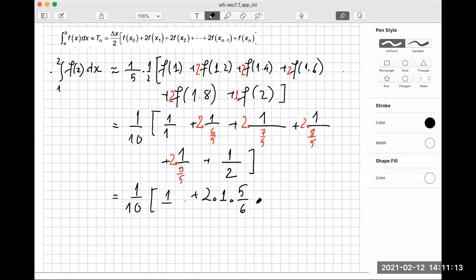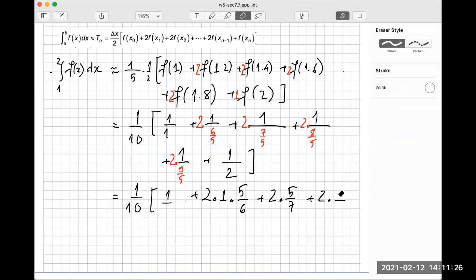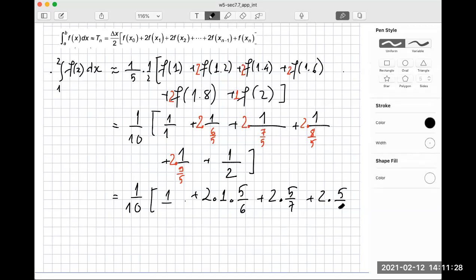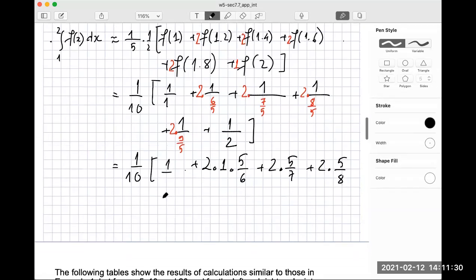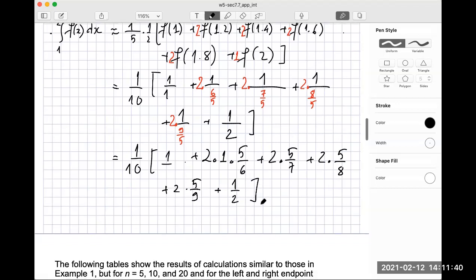Very good. 2 times here, 5/8. And here it will be 1/2. Okay.